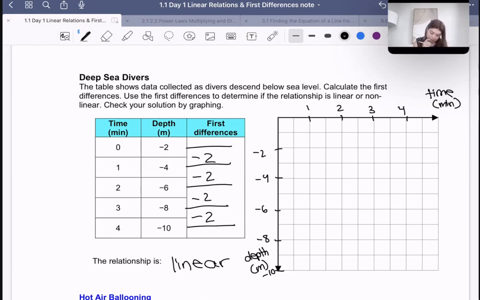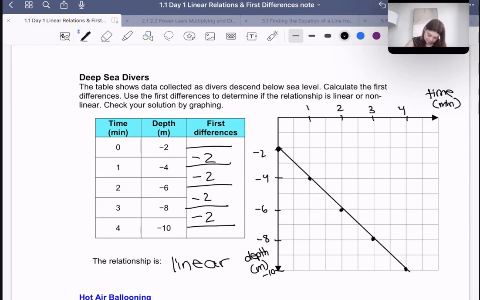Awesome. Okay, so after 0 minutes, it's -2. So it starts here. After 1 minute, it goes to -4, then 2 and -6, 3 and -8, 4 and -10, like that. Awesome. Okay, and then let's draw a line through all of it, like that.